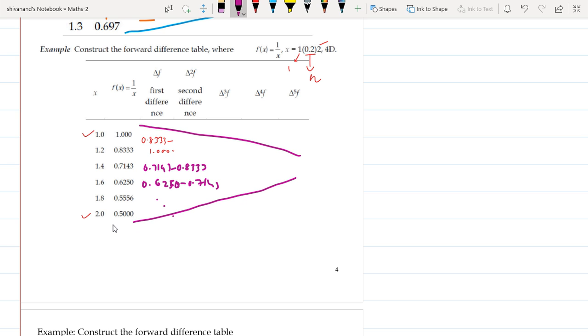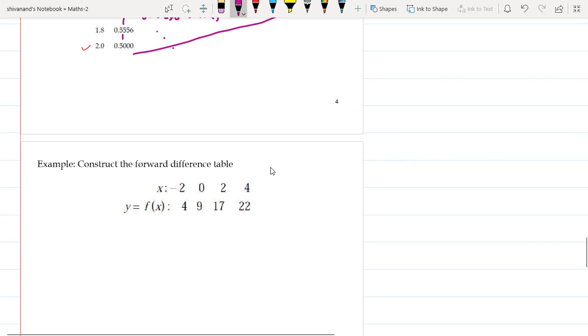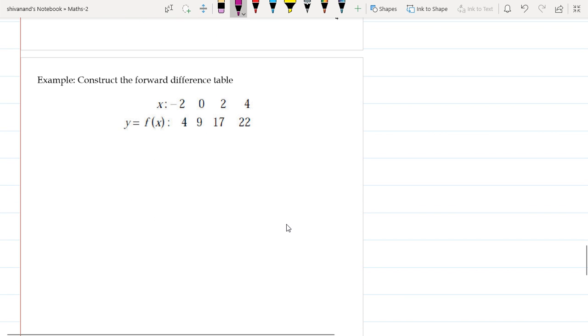If you construct this, the structure of the table will be like this. With the help of a calculator, you just go on finding the differences. If you find these differences, then it will be delta f, the second one, third one, fourth one, and fifth one. If you get all four values, then delta square will have three values, delta cube will have two values, delta raised to 4 will have one value, and so on, right?